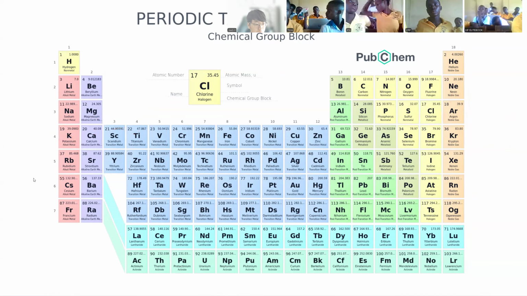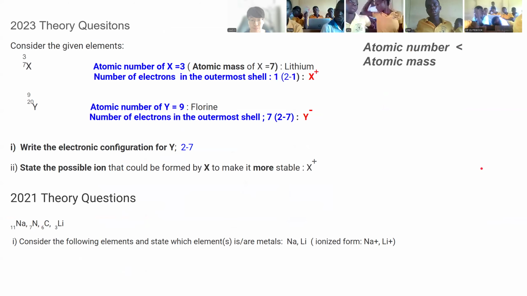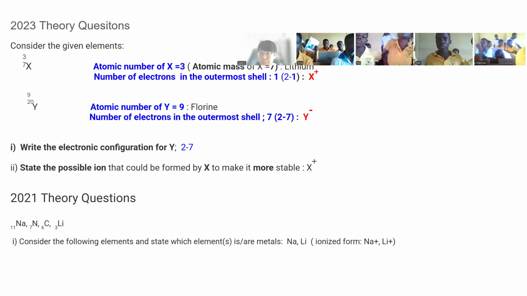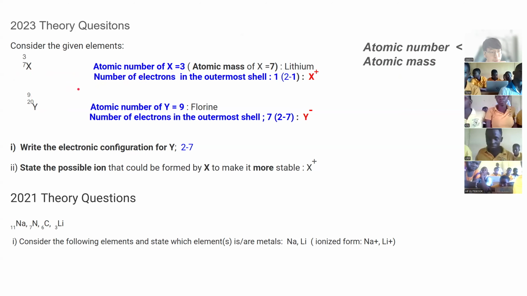I hope everything is clear so far, but we have to move on because we don't have much time. So let's solve a theory question using these ionic compounds. Let's consider the given elements, X and Y. You can see here that X has the atomic number of 3.